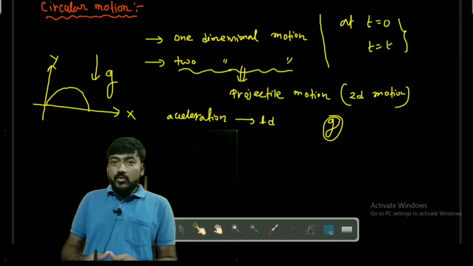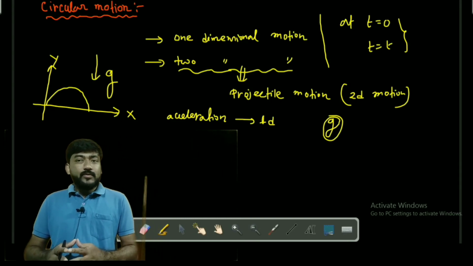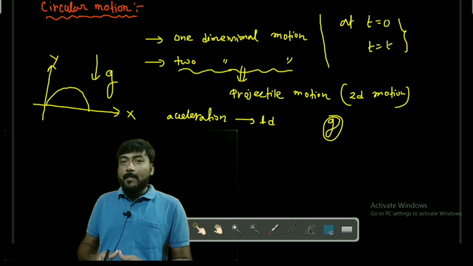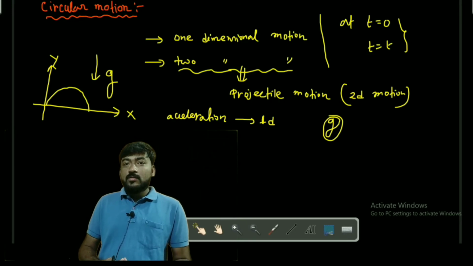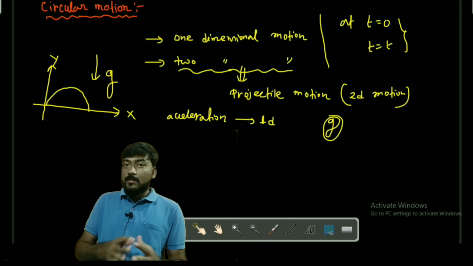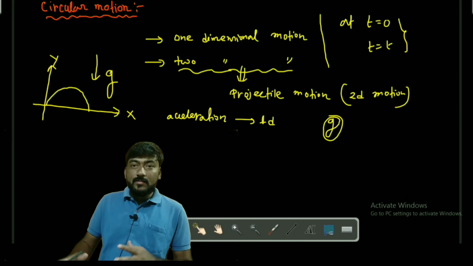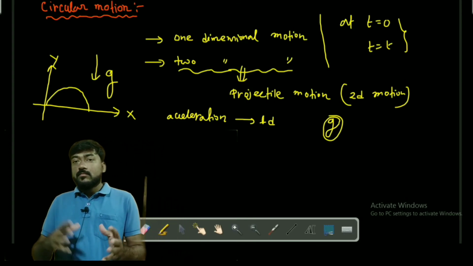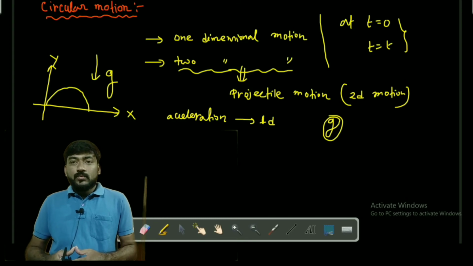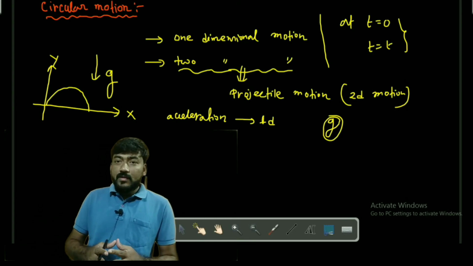So first we have to define some variables, some dynamical variables you can say. In one dimensional motion, straight line motion, and in two dimensional, planar motion, we defined variables like displacement, velocity, acceleration, etc. Similarly here also we will define some angular variables.